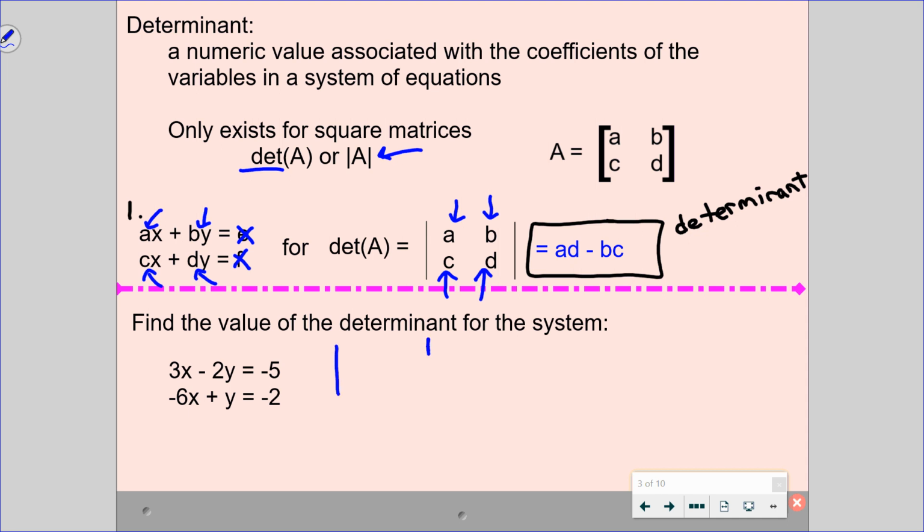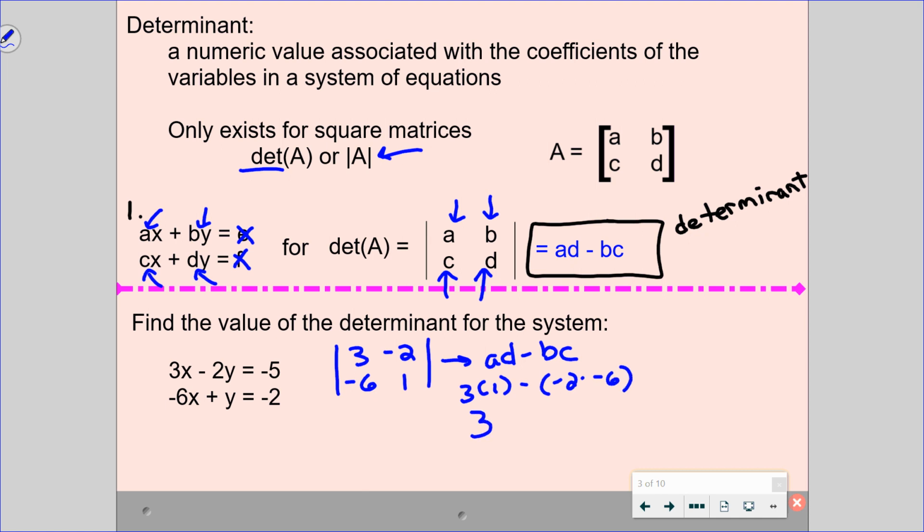So our matrix that we're essentially creating is just going to be, for our example, a 3, a -2, a -6, and a 1. When we go through the determinant, we have our AD minus our BC, or we have our 3 times 1 minus our -2 times our -6.